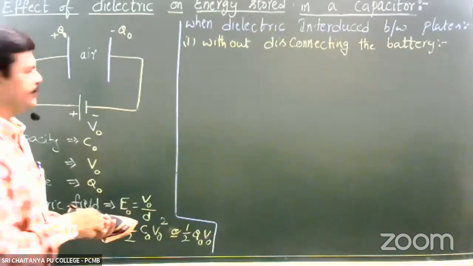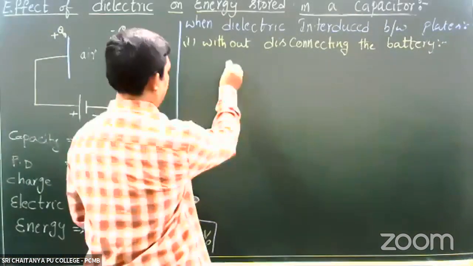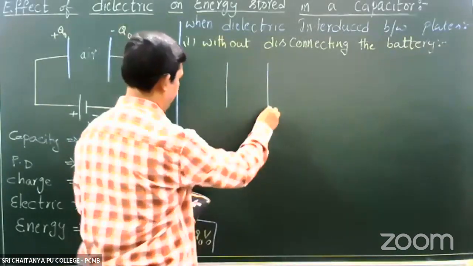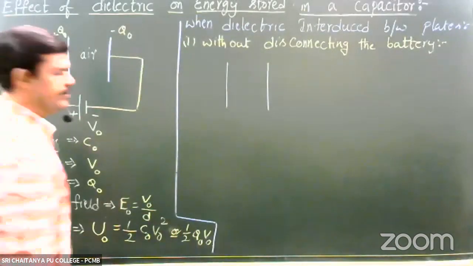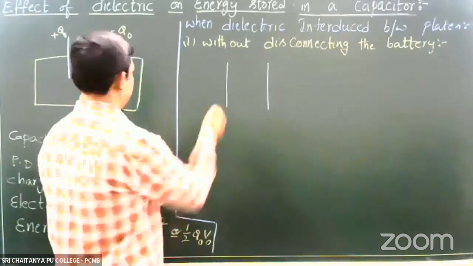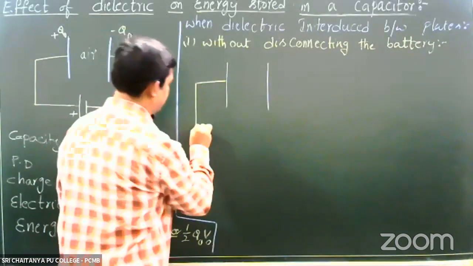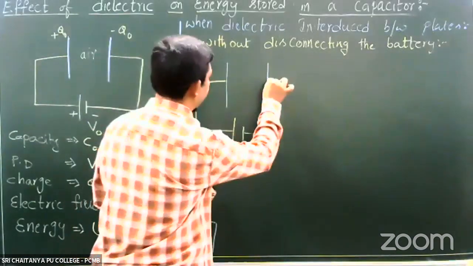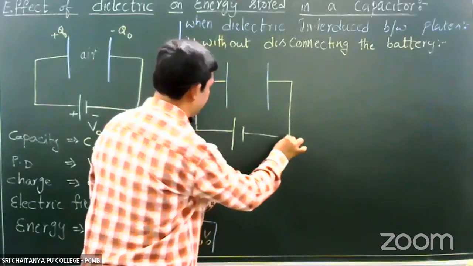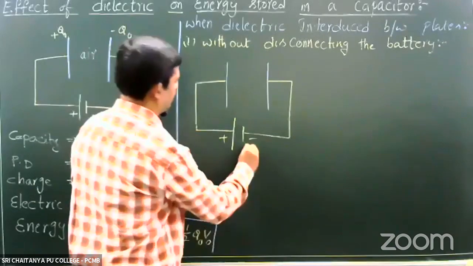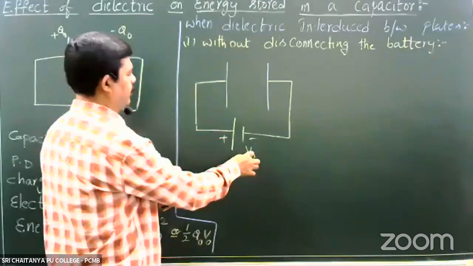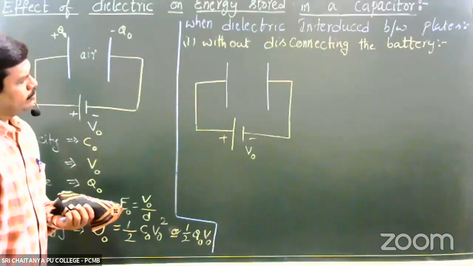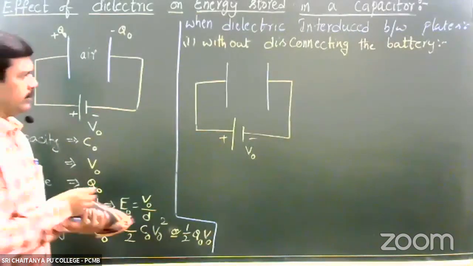Means what? This is the capacitor, same capacitor. It is in connection with the battery of potential V0. Now, what we are doing?